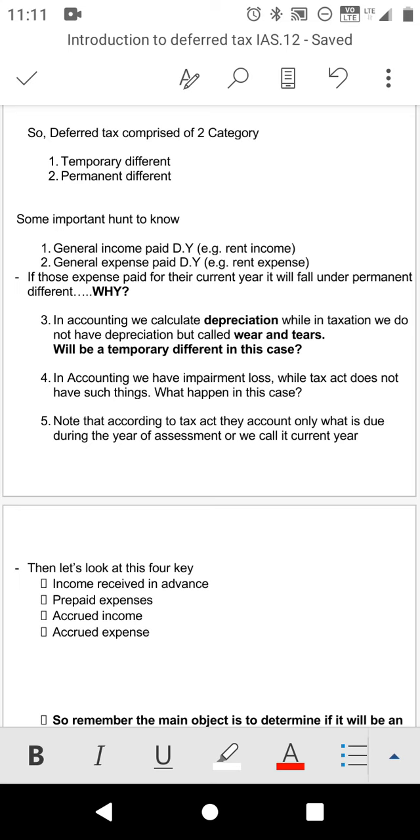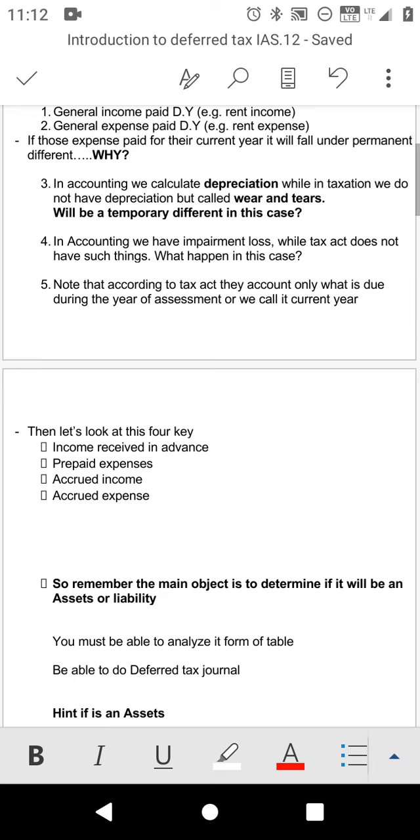So when we are talking about tax, they only account for what has been paid or what has been received in that year. But in accounting, we also record what has been received in advance. We also record what has not been paid in our balance sheet.